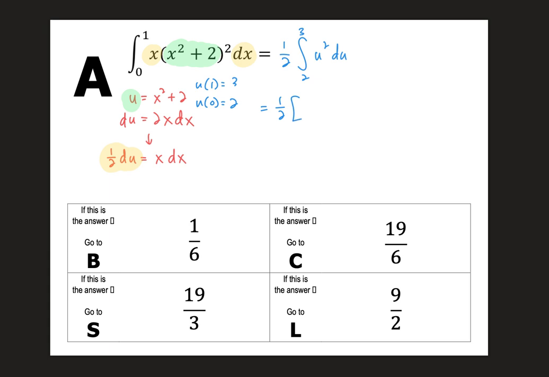All right, the integral of u squared, add 1 to the exponent, divide by the new exponent. Okay, and then plug in the top limit, the bottom limit. Subtract.